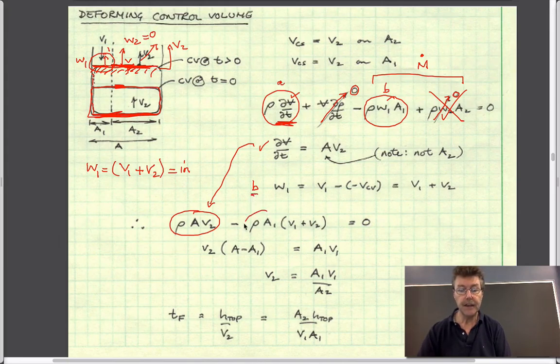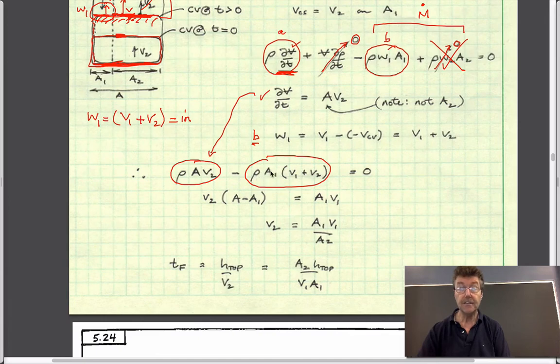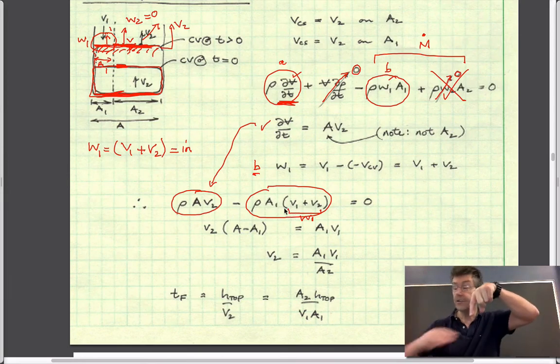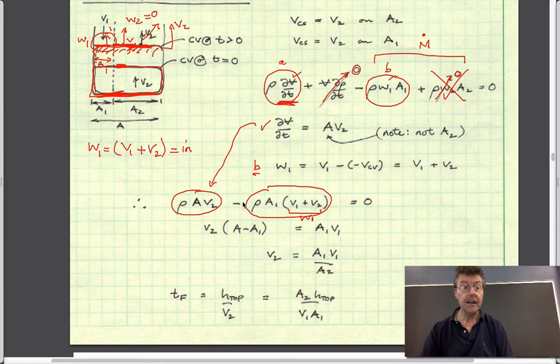This is our density times the cross-sectional area, which is only this area here, A1, multiplied by the relative velocity W1. The water coming in at some rate, the surface going up at a different rate, the sum of those two. And this term here is negative because this flow is net into the system.